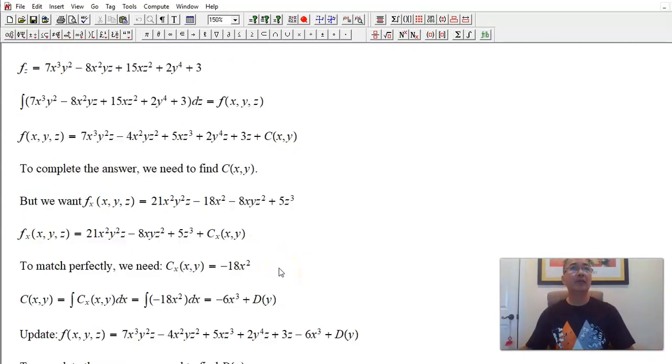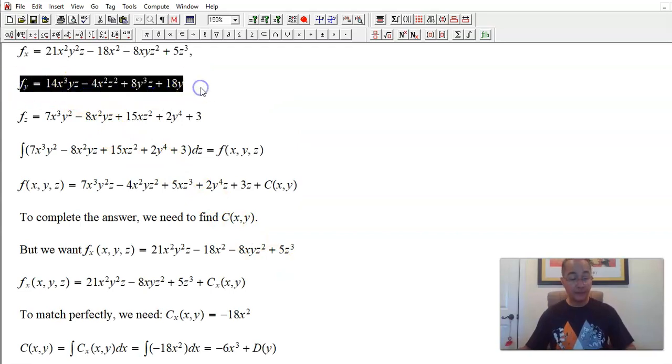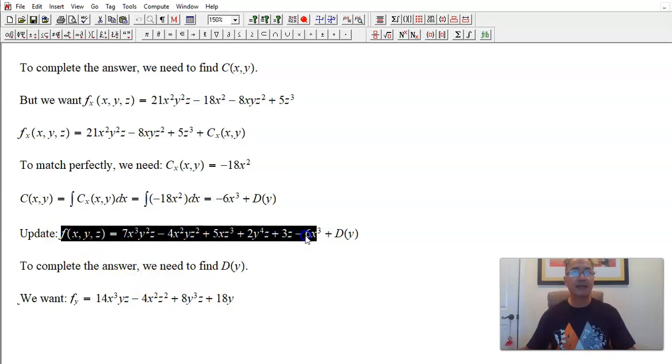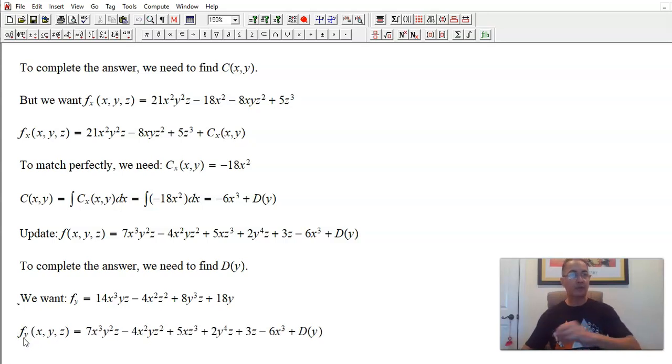To complete the process, we need to match the final partial derivative, fy. So we want fy to be this. What do we have so far? This is our current candidate. Who is its partial with respect to y?